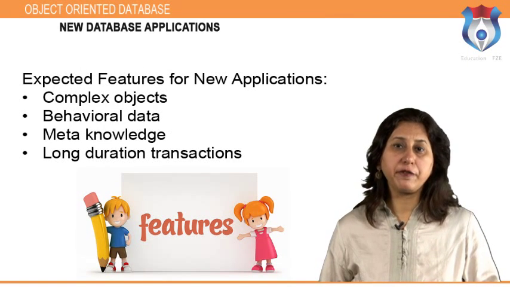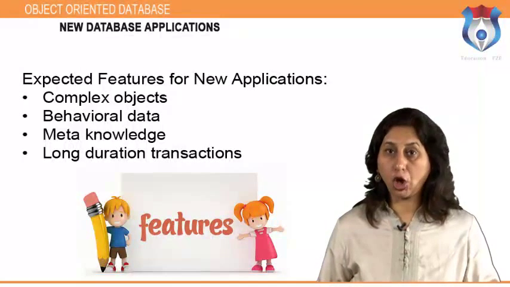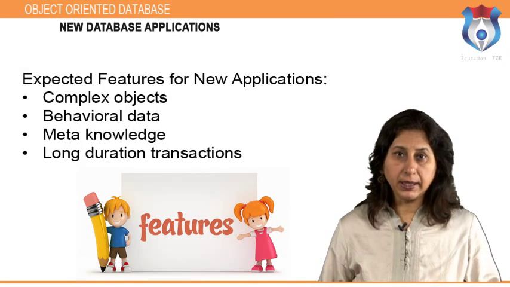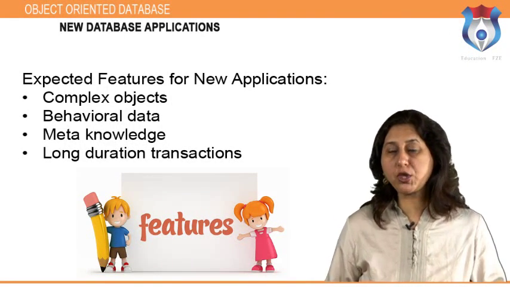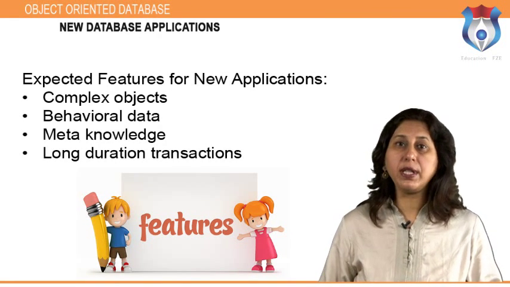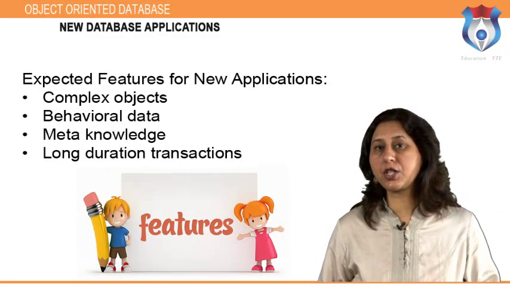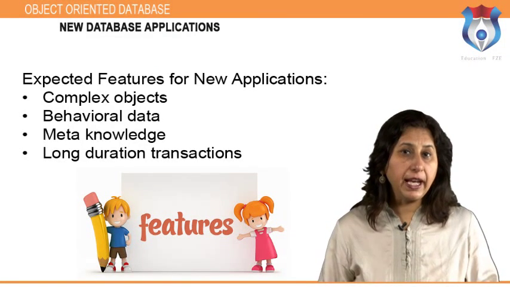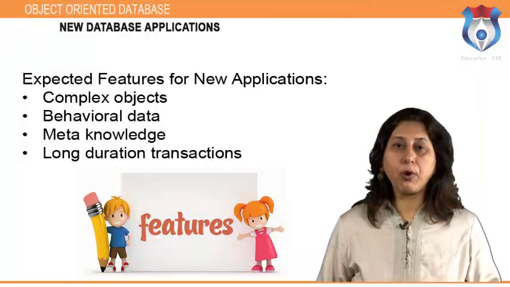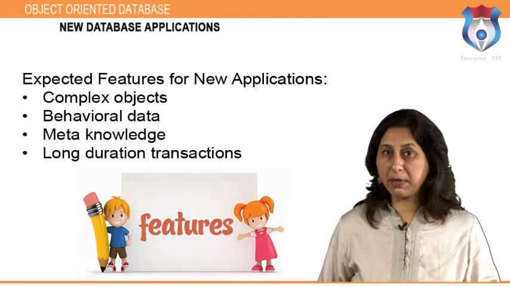Expected features for new applications. Complex objects. A complex object is an item that is viewed as a single object in the real world, but that contains other objects with an arbitrary complex internal structure. Behavioral data. Distinct objects may need to respond in different ways to the same command.